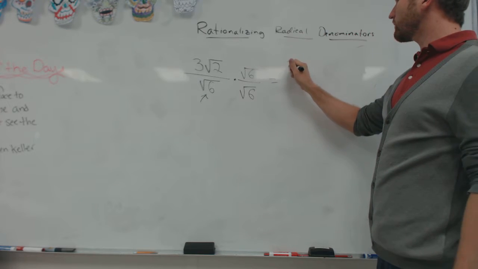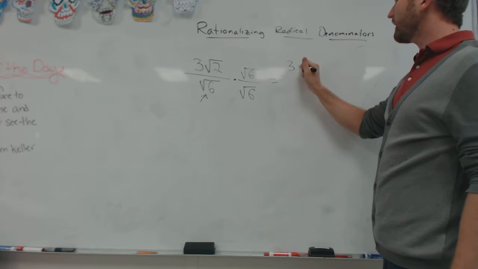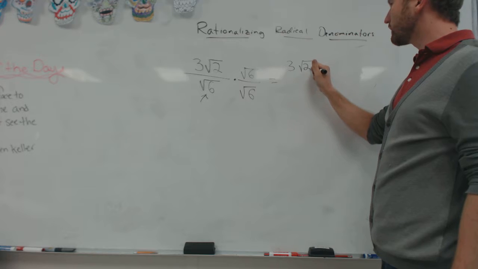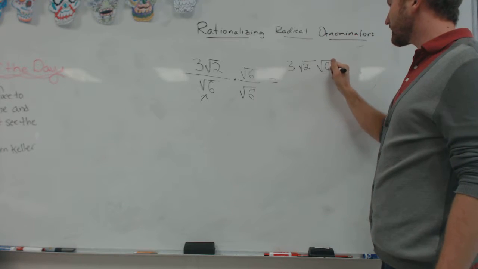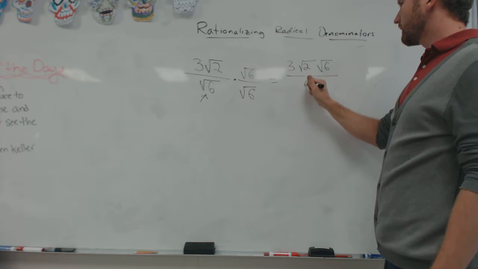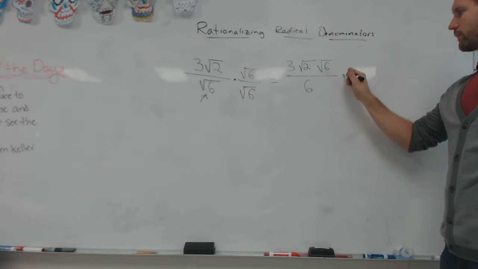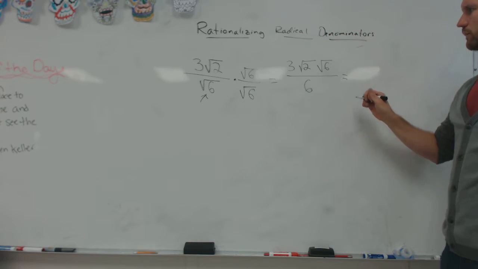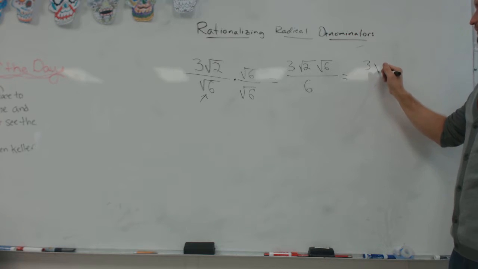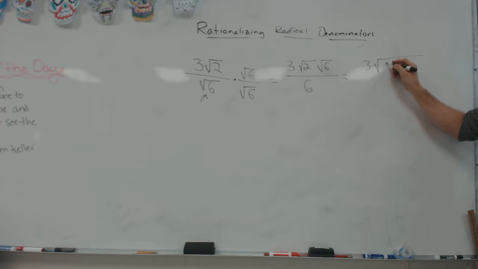That's going to give me 3, and then I have the square root of 2 times the square root of 6 over square root of 6 times the square root of 6 is 6. Okay. So this is equal to 3 times the square root of 2 times 6.